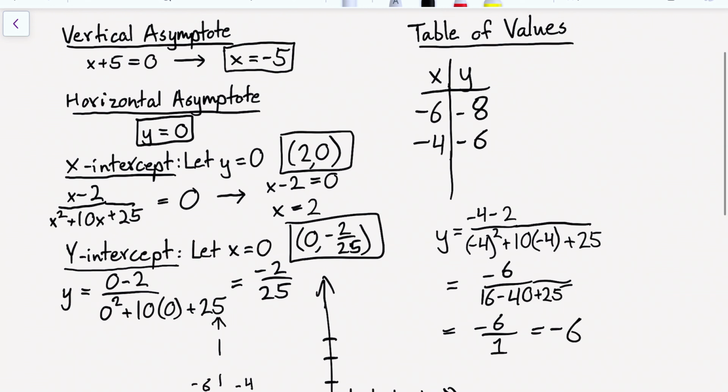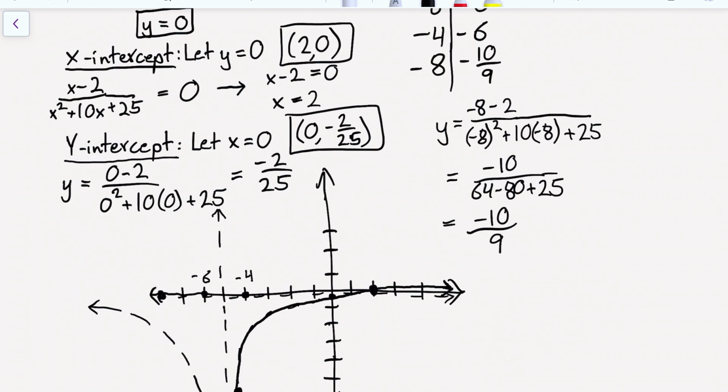We could maybe plug in one more point to confirm this. Why don't we plug in the x value -8 and get a corresponding output value. At x equals -8, we get y equals -10/9. Here's x equals -8, -10/9 would be about right here.